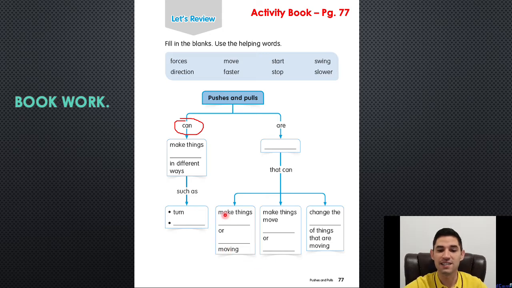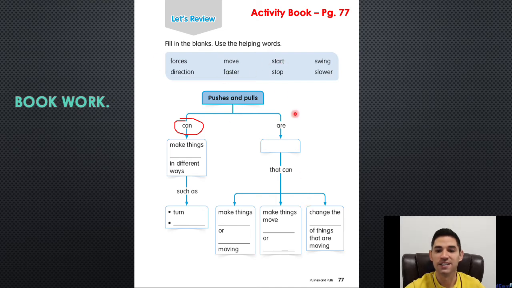So two things beginning with s over here. Make things move, so they can go faster or they can go slower. One is f and the other one is s. Okay, think about it.